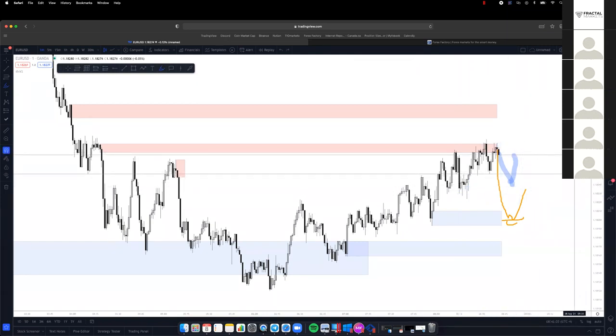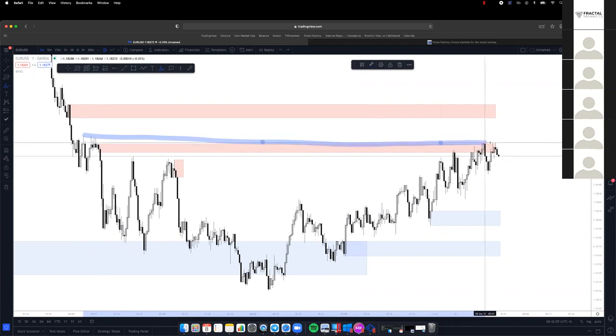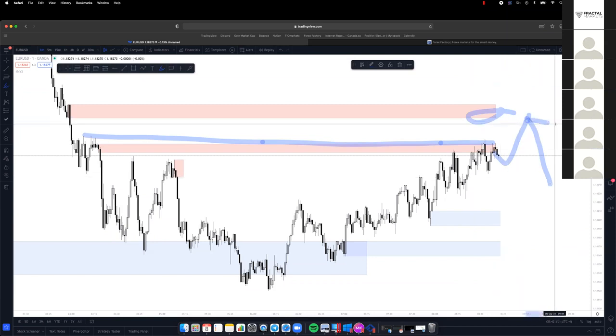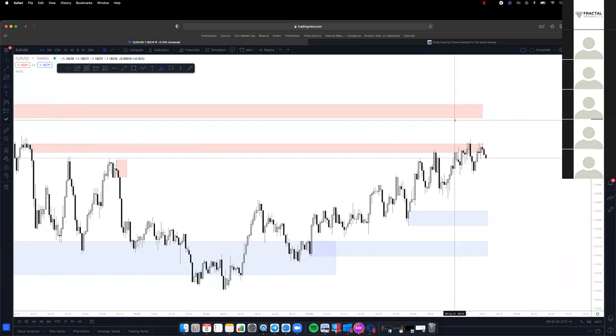Personally, I'm not too crazy interested in this, especially with the resting liquidity above right here. I think that more than likely will come up and sweep into this at the bare minimum before breaking structure. But up to you, man. It's not a bad trade idea.